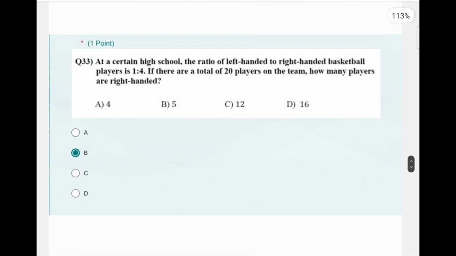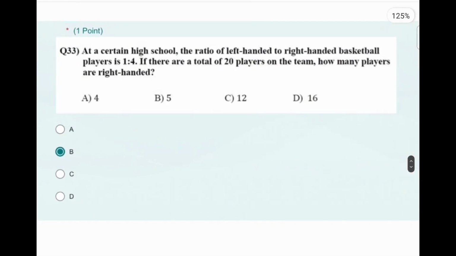The last question. At a certain high school, the ratio of the left-handed LH to right-handed RH basketball players is 1 to 4.